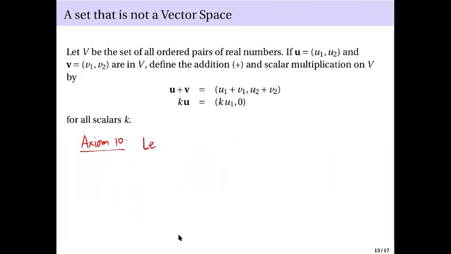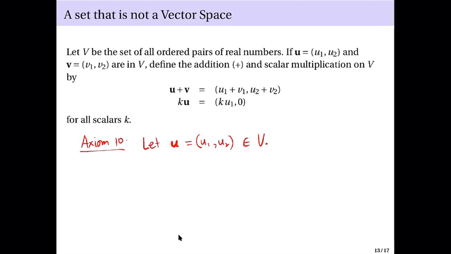So let's take an object from V. Let U with components U1, U2 be in V. This means that U1 and U2 are both real numbers.